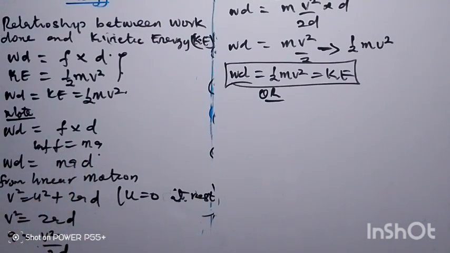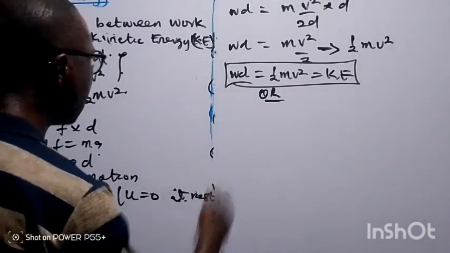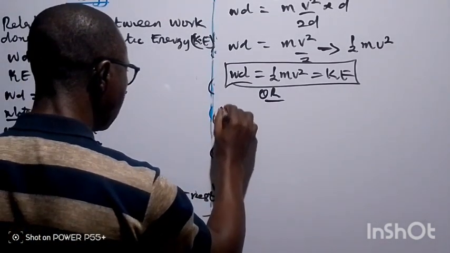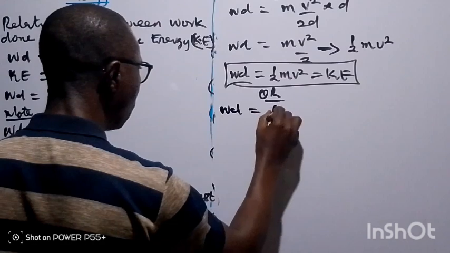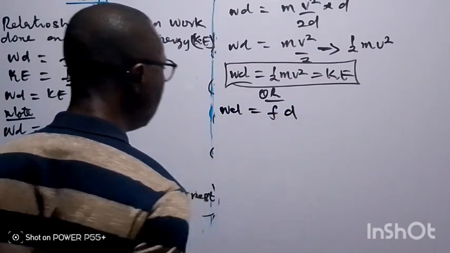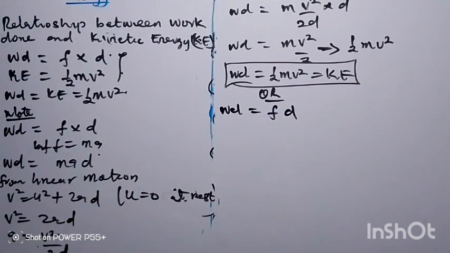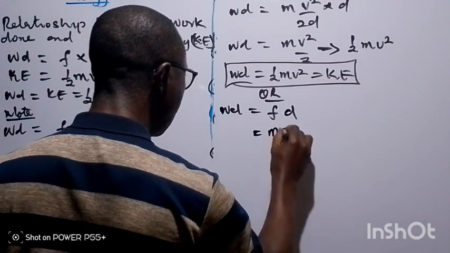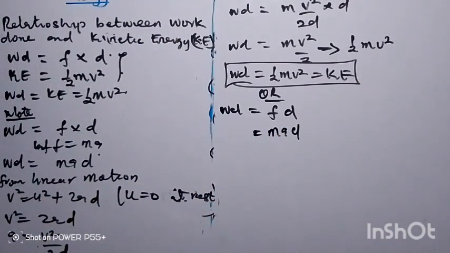So that is why we need to use another method now. For this one, we say our work done is equal to F multiplied by D. Take the next step, that is our MAD.